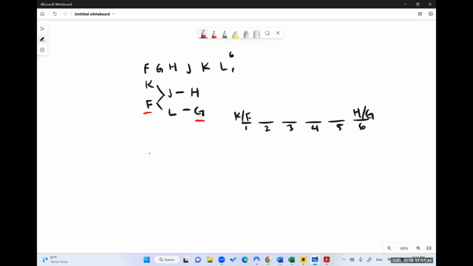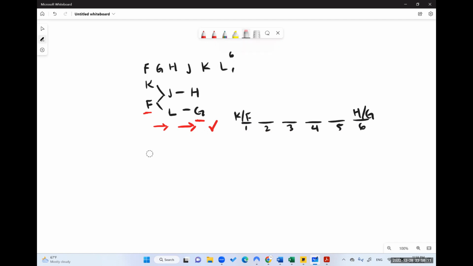I have to follow the train track to get from point A to point B. So, how do I get from F to G? First, I'm going to have to go from F to L. That's left to right. Then I got to go from L to G. That's also left to right. So notice how there's no change in direction. I'm not going from left to right, then right to left. I'm going the same way throughout, which means I do know the relationship. F actually must go before G.